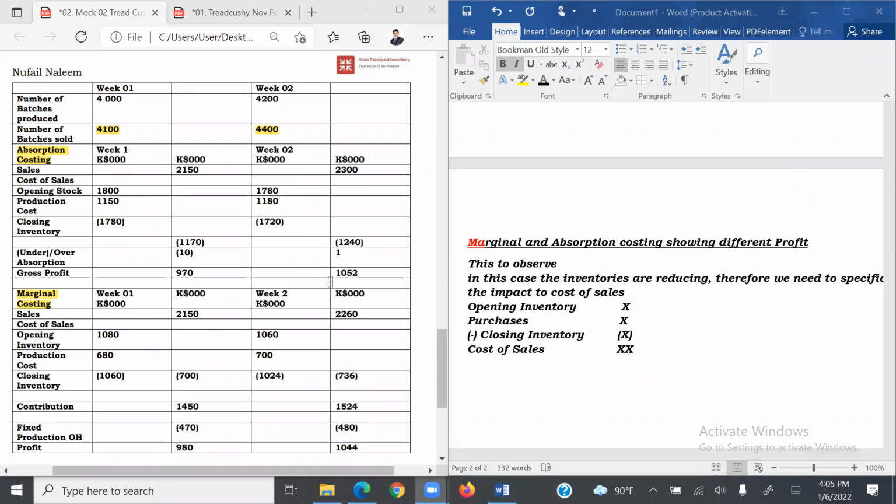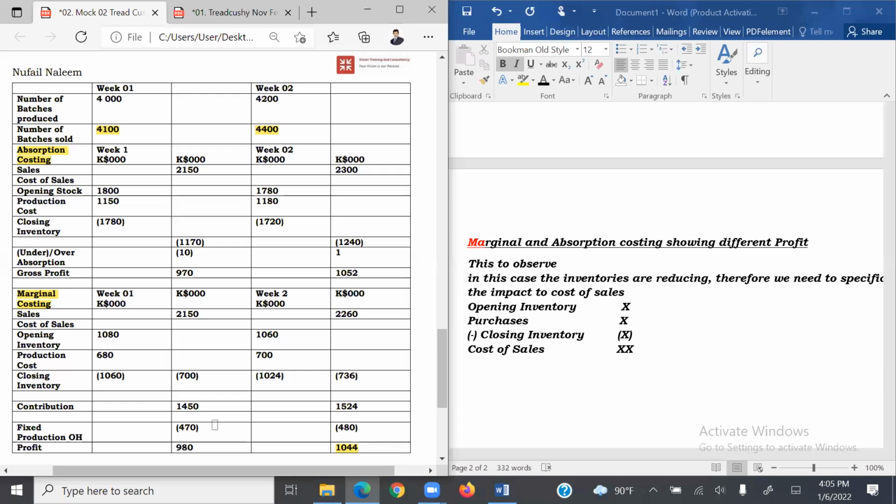Here it's 1052, and here it's 1044. But get the understanding of this very clearly, students. Whatever said and done, if you see clearly that the marginal costing. So I made a mistake, I think. I think this should be more. So just get the understanding very clearly.